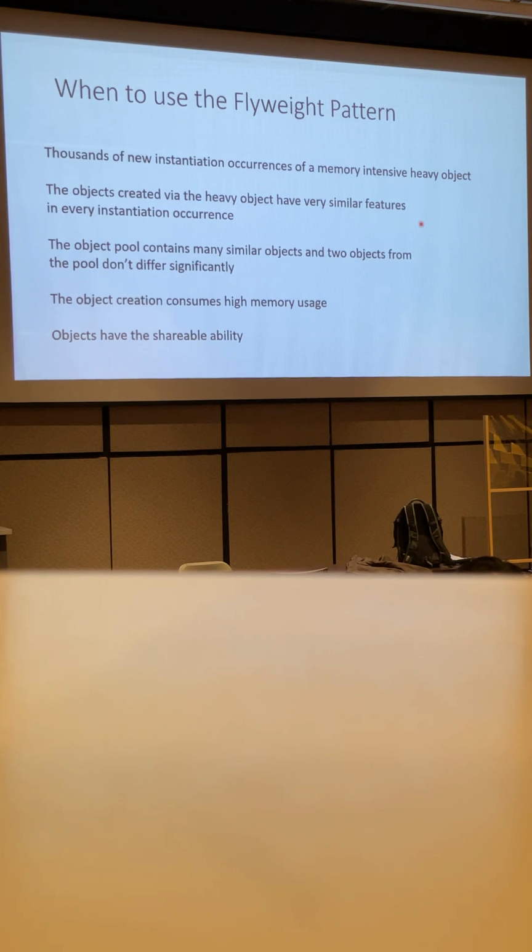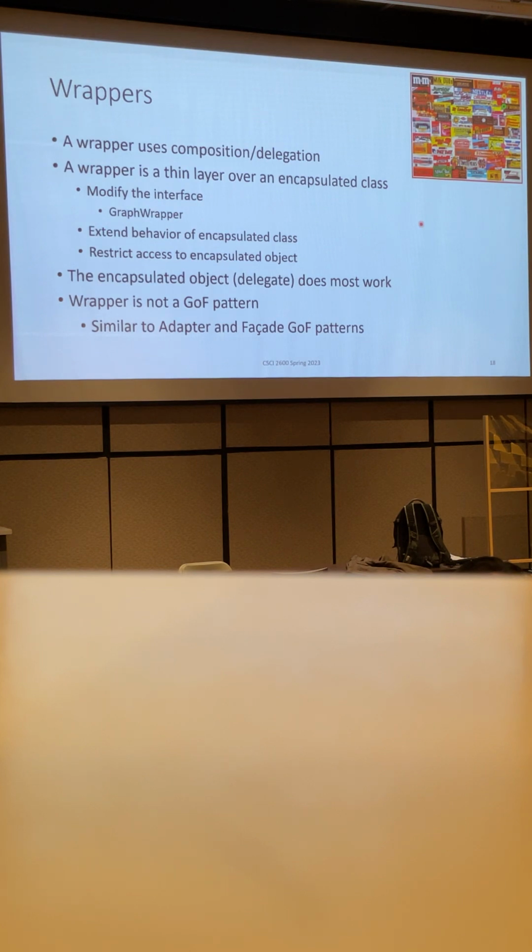All right, so with the next type of design patterns, we have wrappers, which we kind of saw an example of with the graph wrapper, right? So it's a type of adapter, where it just matches the interfaces of the client and the ADT that you created.